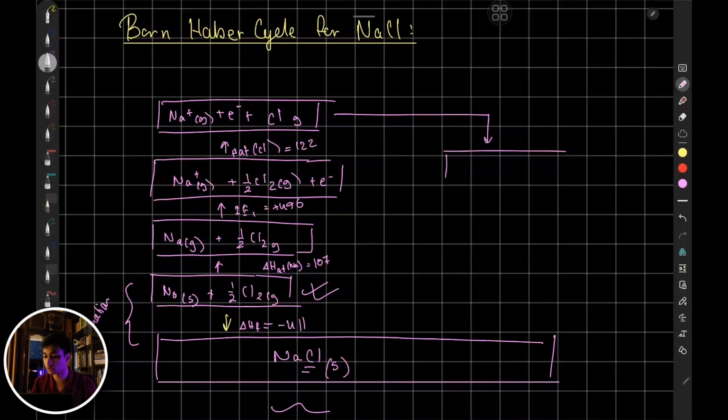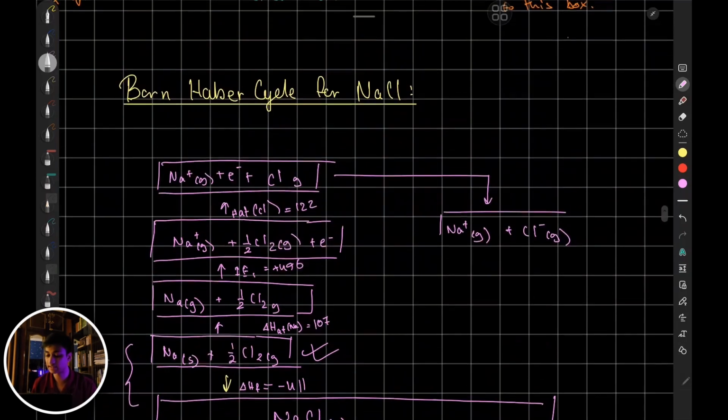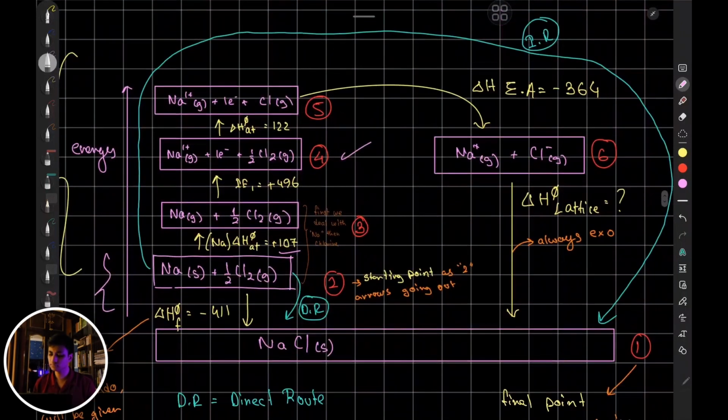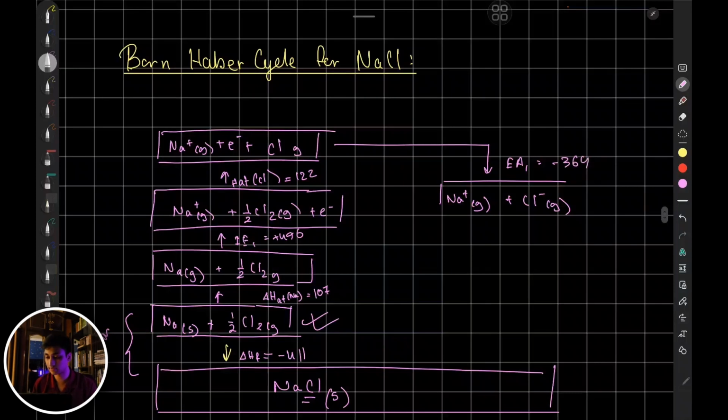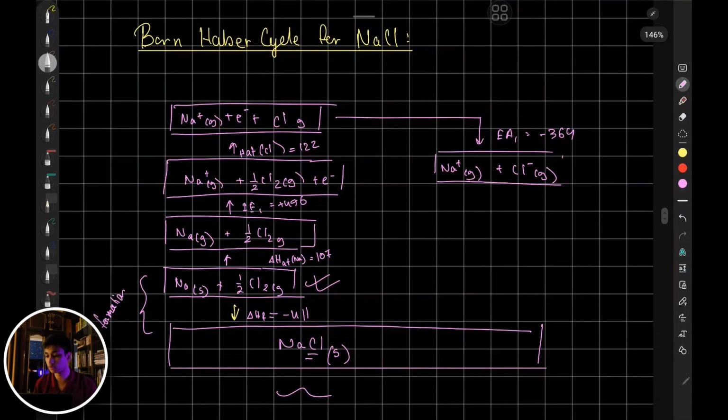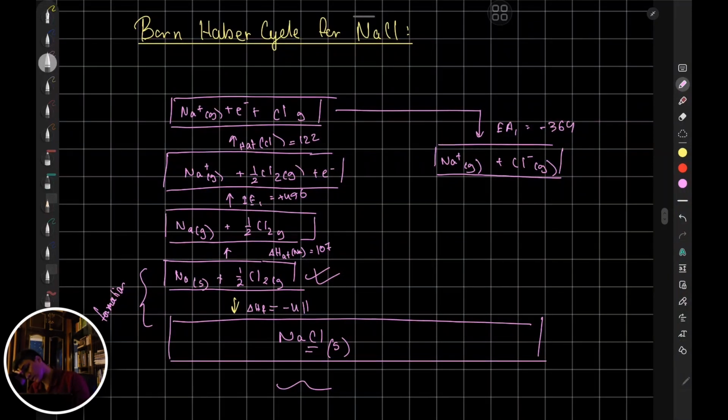All right, so we're going to turn chlorine into chloride, and the electron is going to be used up. Great. So sodium ion gas plus Cl minus gas, and this is going to be Ea1. So the Ea1 value is minus 364.